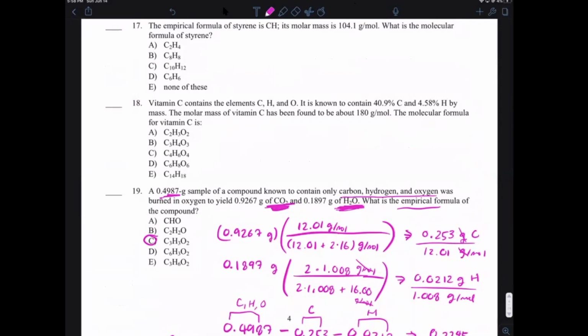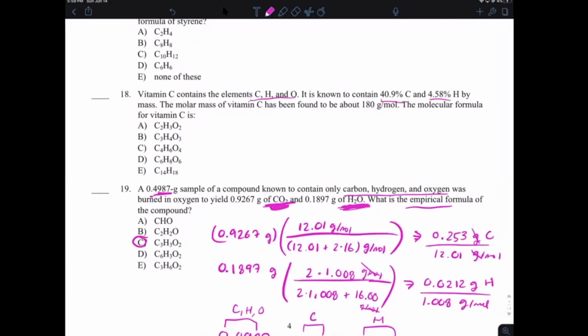Okay, so number 18, it tells us the vitamin C contains CHNO, and it tells us the mass percent of C and H, and we can figure out O from that. So what's the percentage of O if we're given C and H? So it all should add up to 100%, right?